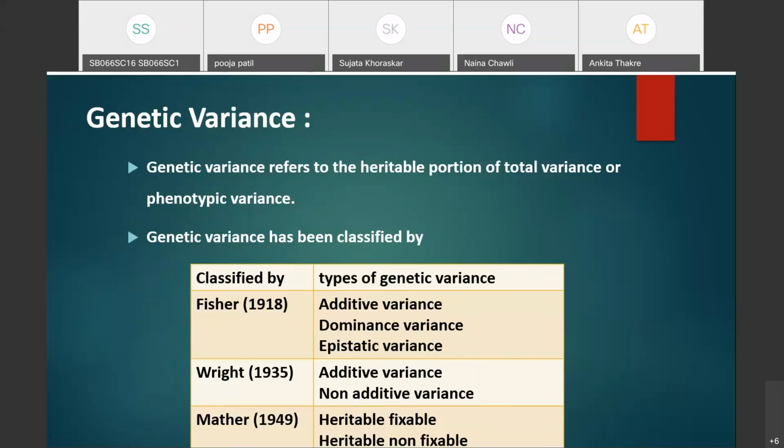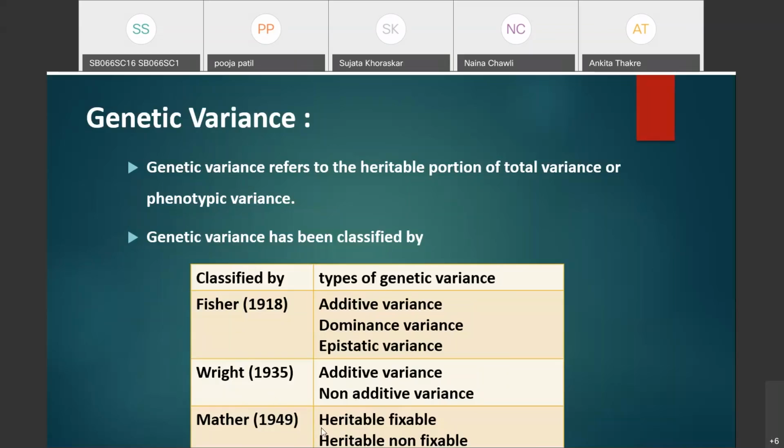Then Mather in 1949 classified the genetic variance into two types: the heritable fixable and the heritable non-fixable.